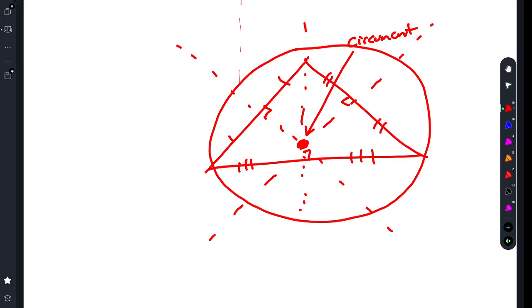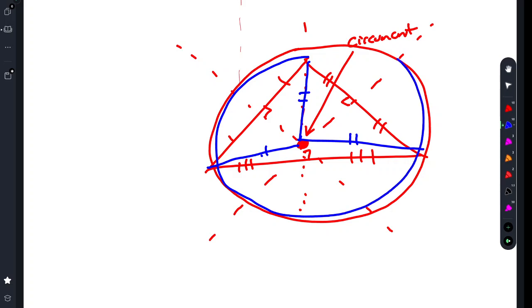That point is going to be equidistant to the three vertices. These are going to be equal. And which then means if it's equidistant, that's going to be like the center of the circle that would go around that shape.